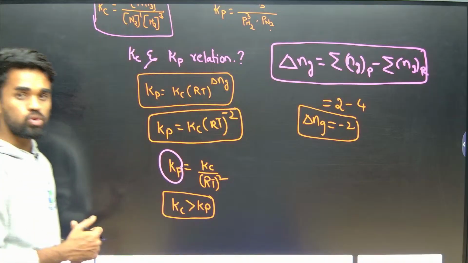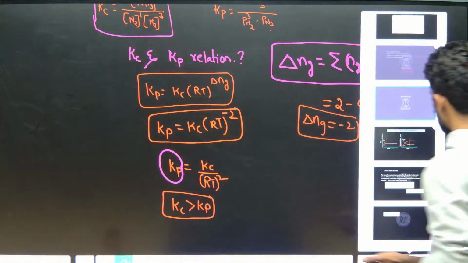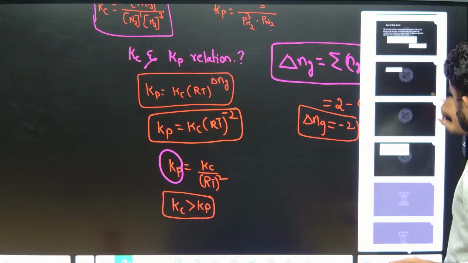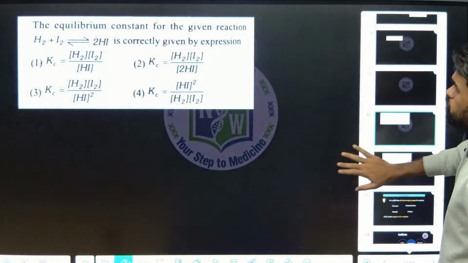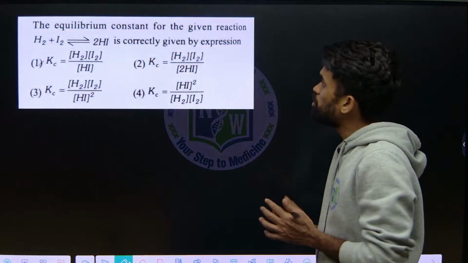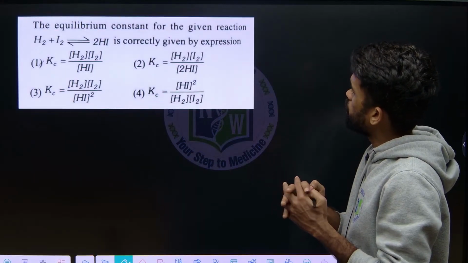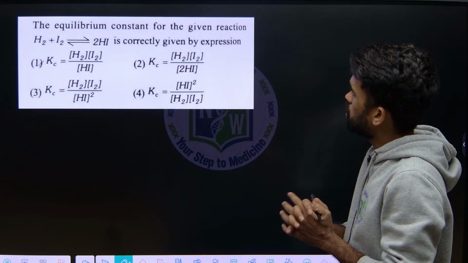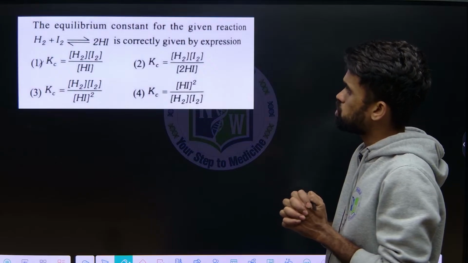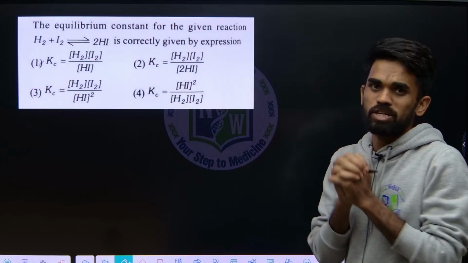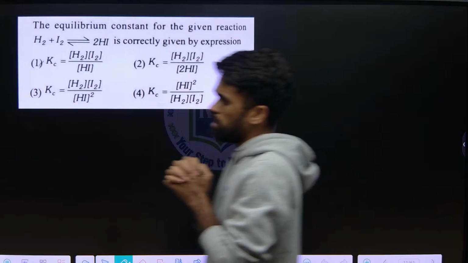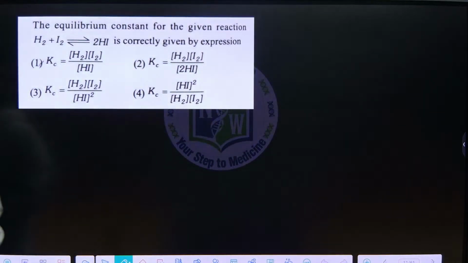Let me show you a few questions on this. Look at this question, can you answer it? The equilibrium constant for the following reaction, H2 plus I2 gives 2HI, is correctly given by which expression out of the 4 options?